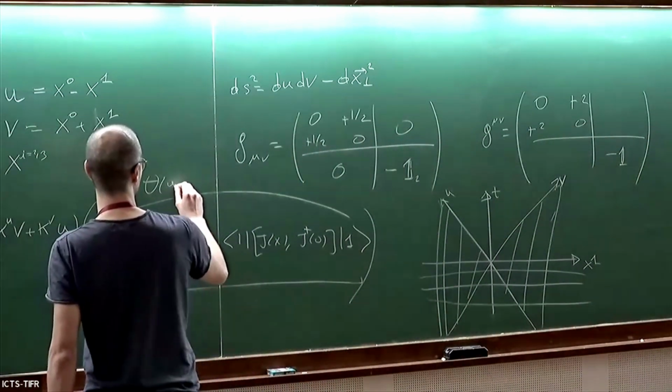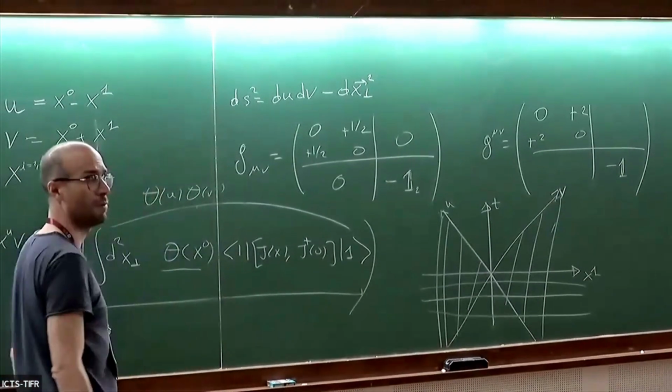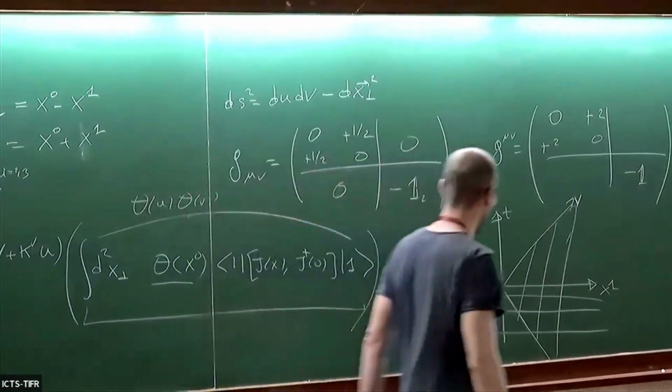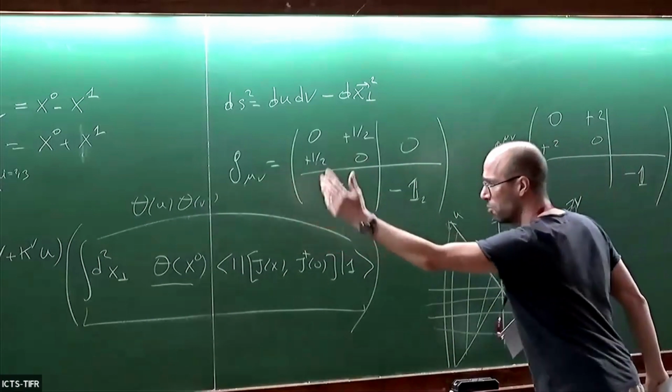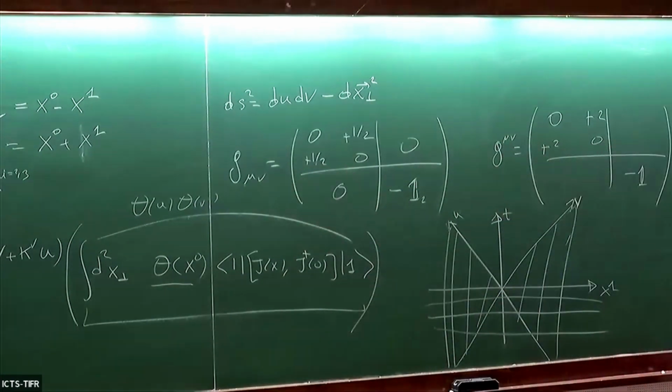Basically, you can add a theta of U, theta of V without changing anything. I can multiply by a step function, and precisely in this situation, twice.